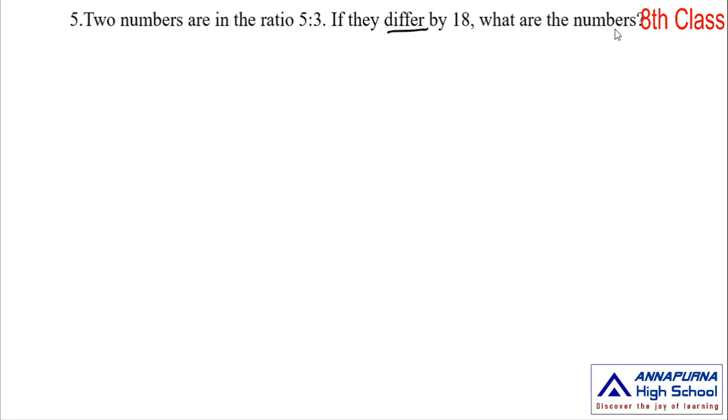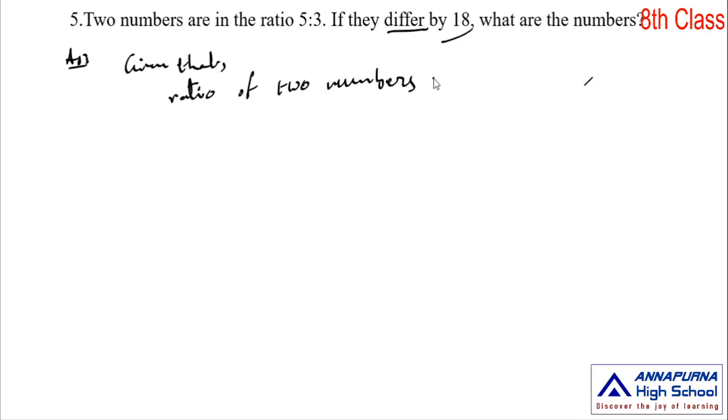If you take one number as x, can you guess the other number? That is not possible. Yes, we can guess the other number by this one, there is a possibility, but here I am not solving this problem like that. Why? Because here the ratio of the two numbers is given. First write: given that the ratio of two numbers is 5:3.